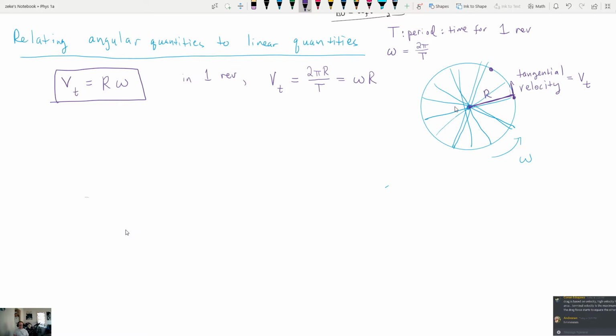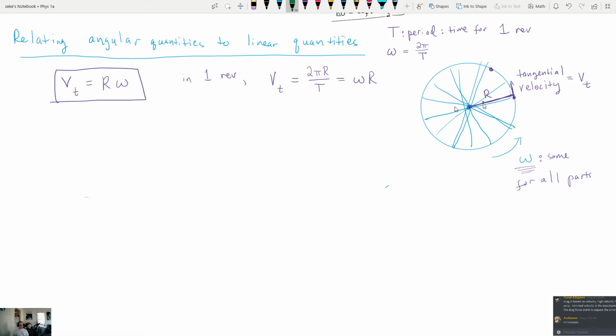Now, when you look at something like a wheel like this, what you can say is that all parts of the wheel have the same angular speed. So this quantity is the same for all parts of the wheel. Okay? But tangential velocity is not the same for all parts because different pieces go through different distances.